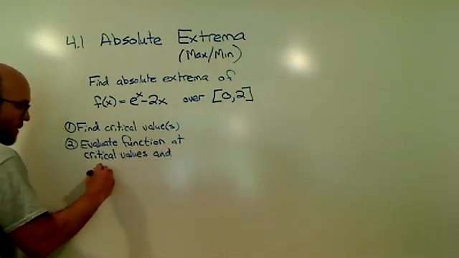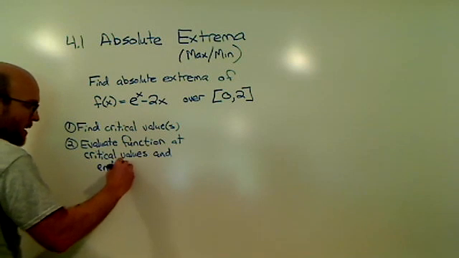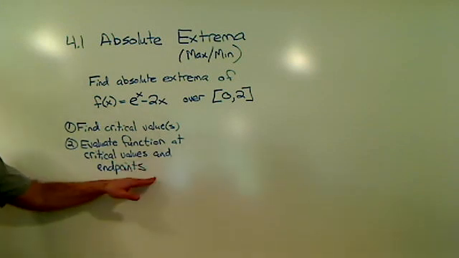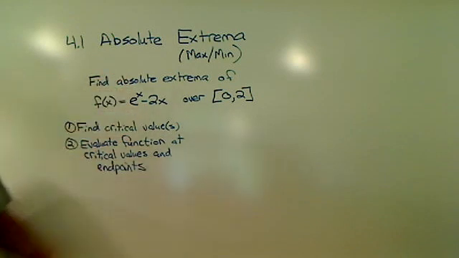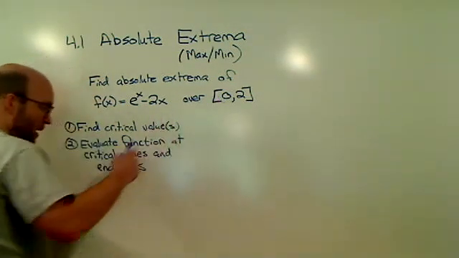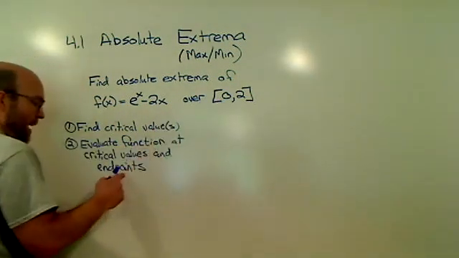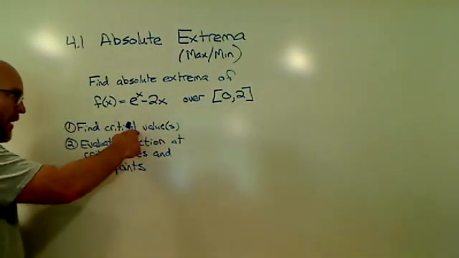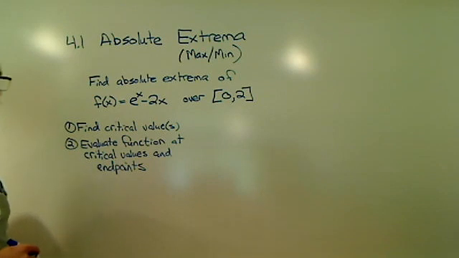And I'll stop writing there because I know that everybody understands that once you evaluate those, all you're going to do is look for the largest one for the maximum, the smallest one for the minimum. Right? So, the endpoints are given to us. Evaluating at the endpoints is nothing more than a calculator problem or maybe a little bit of mental work depending on the numbers. Finding the critical values is where all the work is coming into play here.